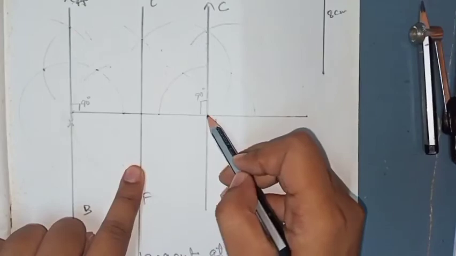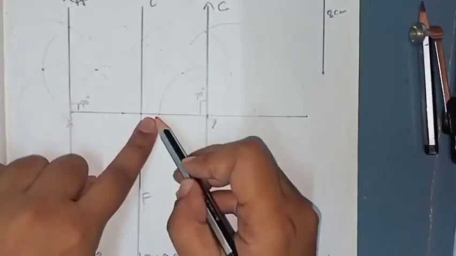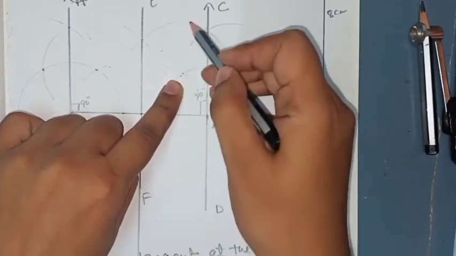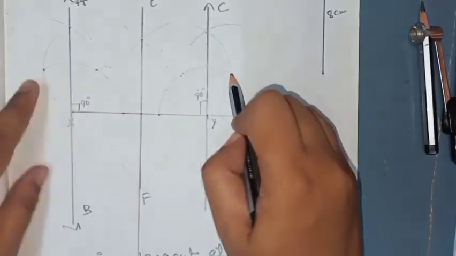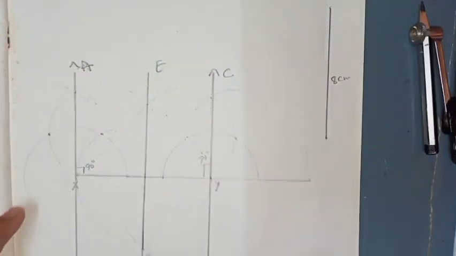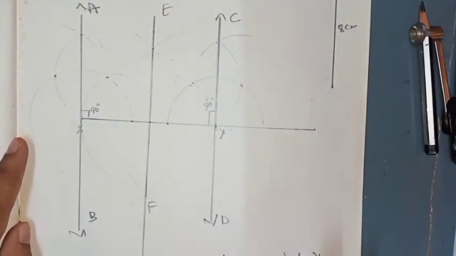Same thing, I draw one arc, put my compass in this point, draw one arc, then again put my compass here and draw one arc, and again here, then we join this and we get CD as a tangent.